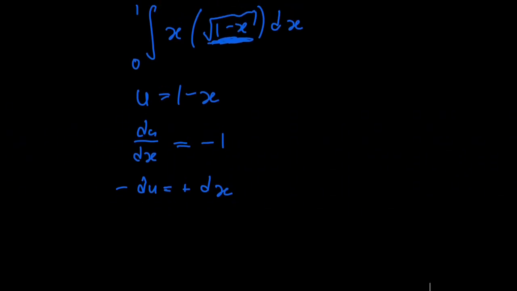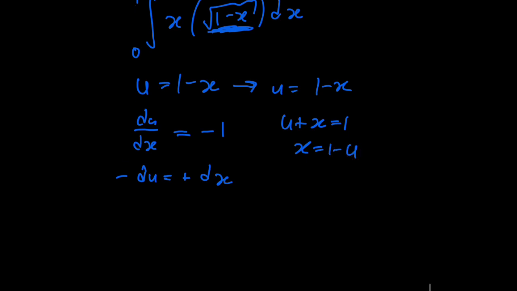And then what we got to do is we got to substitute this x as well, right? But we have an equation here, u is equal to 1 minus x. So actually what we can just do is we can isolate x here. So we get u is equal to 1 minus x, and then we can subtract 1 from both sides, and then we can add x to both sides, so we get u plus x is equal to 1, and then we can subtract u from this, so we get x is equal to 1 minus u.